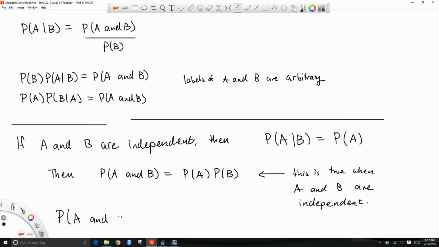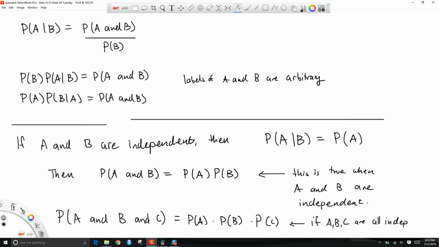Probability of A and B and C is going to be equal to the probability of A times the probability of B times the probability of C, okay, if A, B, and C are all independent.